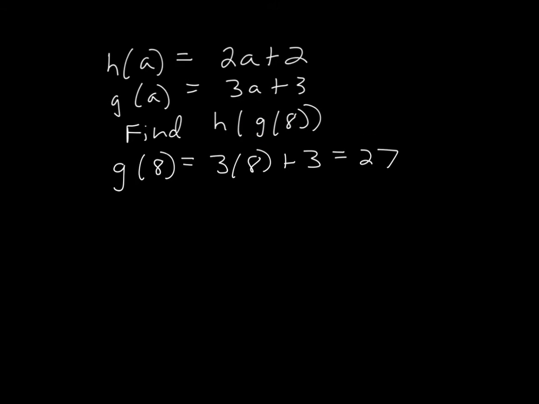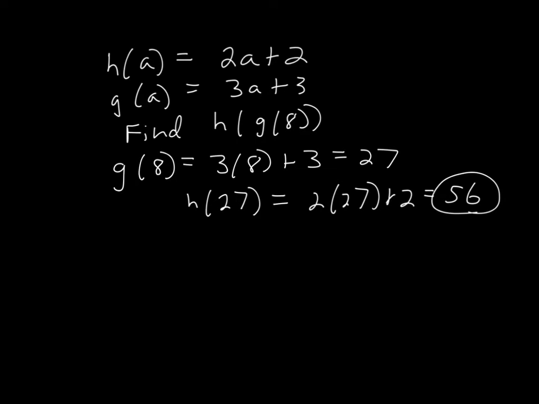So basically what we have now is h of 27. And that means take a 27 and plug it up here into the h function. So that's 2 times 27 plus 2, which is 54 plus 2, which is 56.